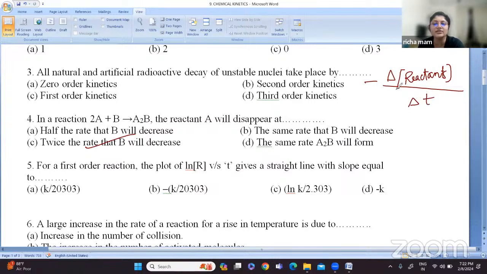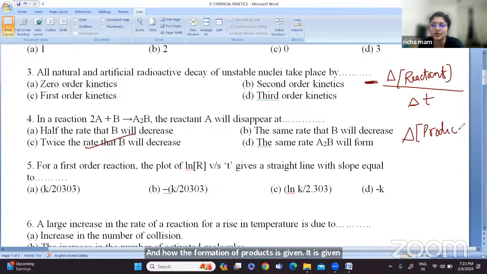The negative sign tells you it is the rate of disappearance of the reactants. The formation of products is given as delta of products divided by change in time.